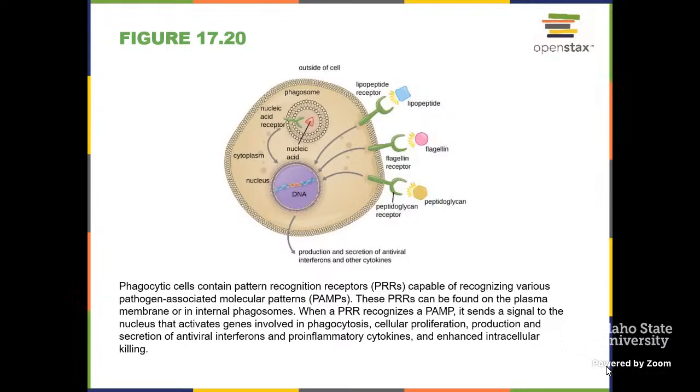Here we can see this bit on the inside in this vesicle. This receptor technically would have been on the outside of the cell, but we have pulled it in. So this is a nucleic acid receptor.